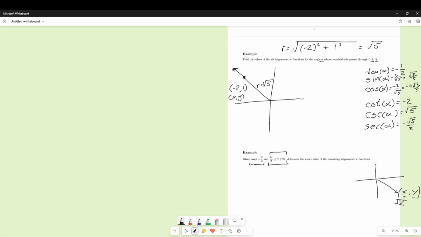Now, we know we have a ray down there. Again, always draw these diagrams. We know we've got some ray going into quadrant 4. And we don't know its x, y, or r values, but we know its x and r values are in a ratio of 2 to 3.